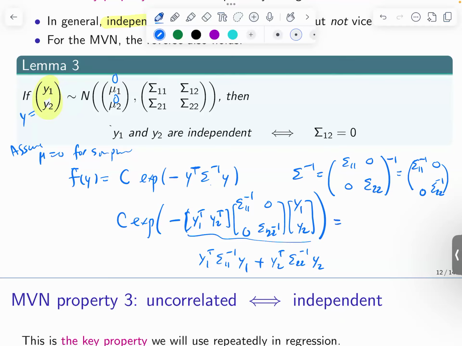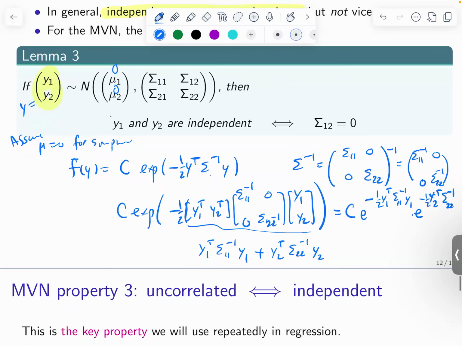Because the exponential factors over summation, you get c times e to the negative 1/2 y1 transpose sigma 1,1 inverse y1, times e to the negative 1/2 y2 transpose sigma 2,2 inverse y2. I'm missing a 1/2 there as well. Not sure it's readable enough, but it factorizes.